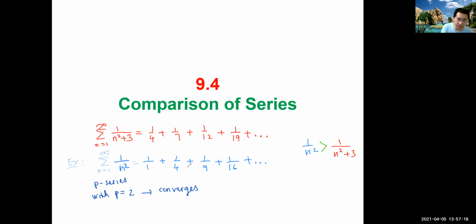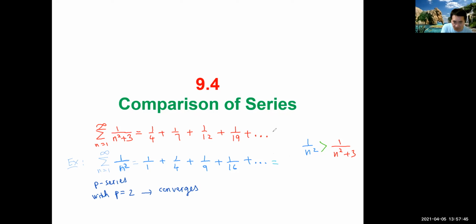What it means is the sum has to be finite. I don't know what it is, maybe 20, 30, 10, or whatever, but it has to be finite. So the sum of the red series has to be finite too, because all the terms here are smaller than all the terms in the blue series.